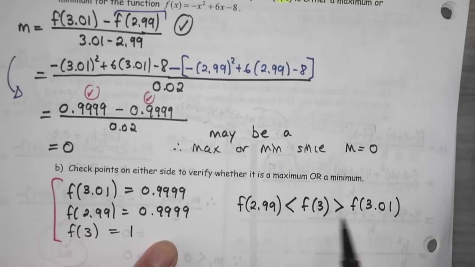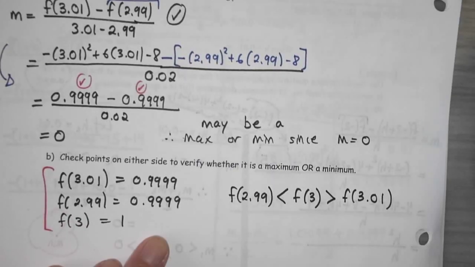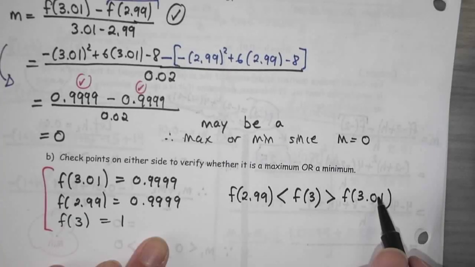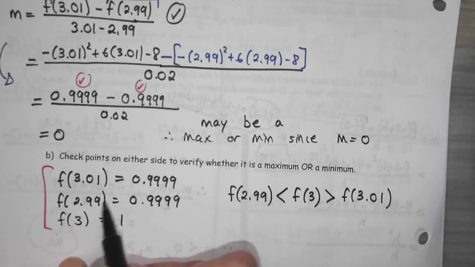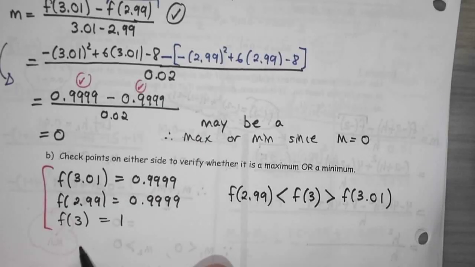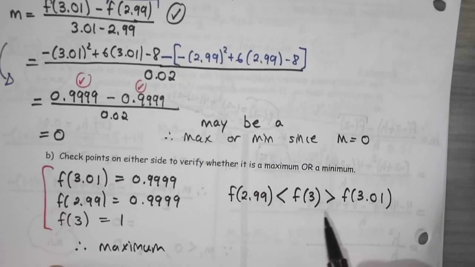So you can use one of these nice inequality symbols. Look, F at 3 is bigger than 2.99, and it's also bigger than 3.01, so you can state it this way. Some people like to just write the values and say therefore maximum.